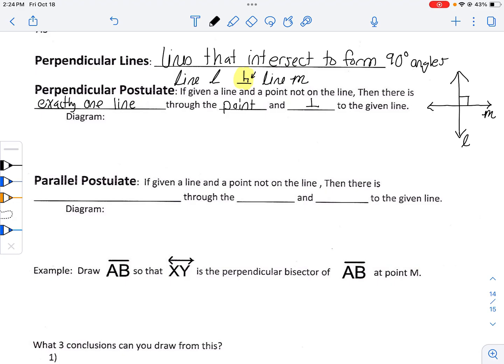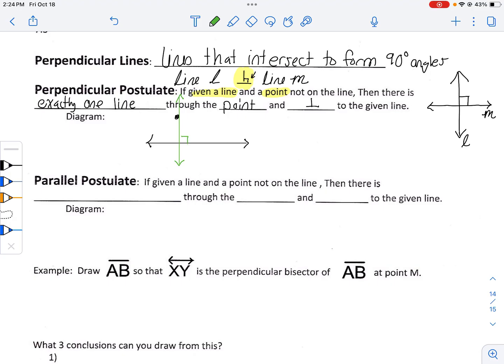If we draw a little diagram of this, I'm just going to draw a line, and then draw a point anywhere I want that's not on that line. According to this postulate, there can be only one line that goes through that point and is perpendicular to the line I originally drew. So I can draw one line coming right down here through that point and perpendicular to the line that was given.